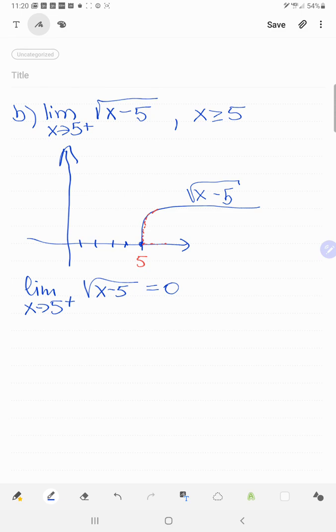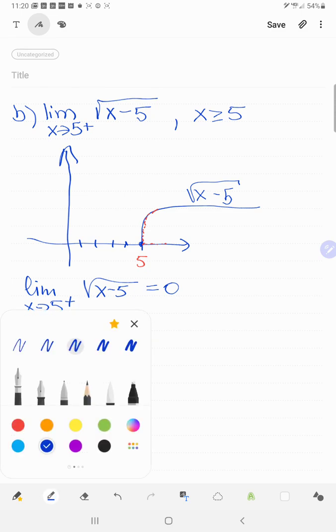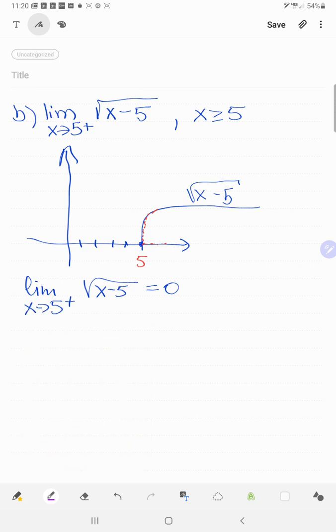Another way to do this, and I'll just change the color so you can see that it's a different way, is because we are saying not exactly at 5 but at values close to 5, we can evaluate the function at values that are larger than 5.